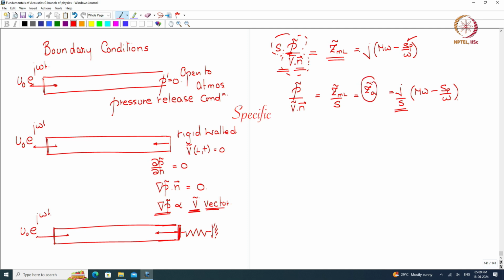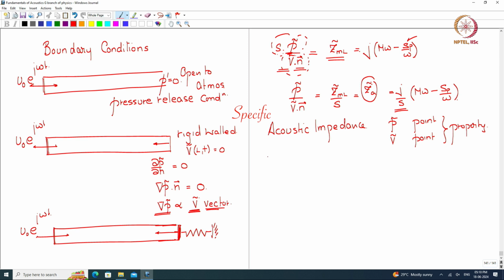So this is now specific acoustic impedance, which has units of pressure over velocity, and it has all the same implications as mechanical, except that it is at a point, okay, because pressure is at a point in space and velocity, particle velocity, is at the same point in space. So it is a point property, whereas the Z mechanical actually involves the area also, and therefore it is kind of integrated over some area.